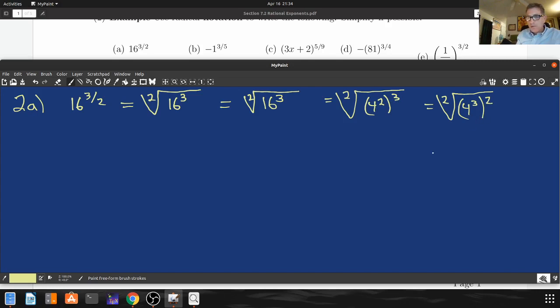So now the answer is 4 cubed, which is equal to 4 times 4 times 4, which is 64. Again, using this rule, the nth root of some number raised to the nth is equal to that number. In this case, that number here was 4 cubed.